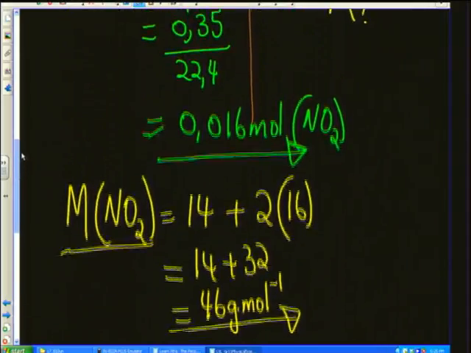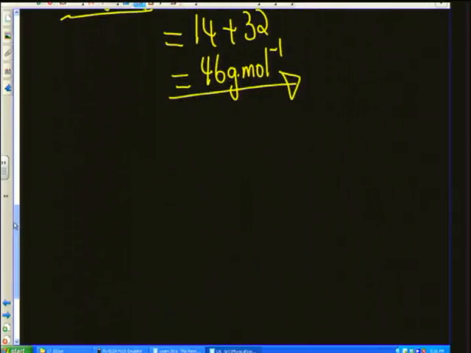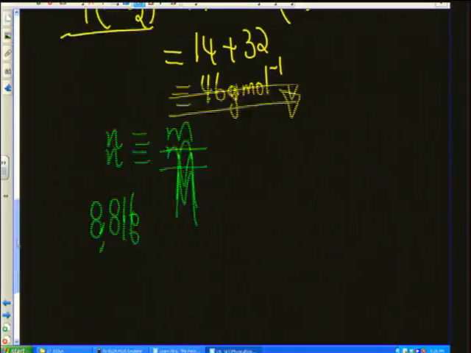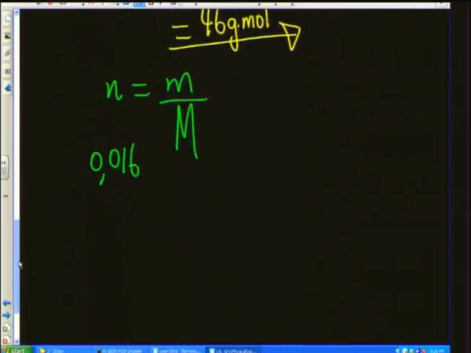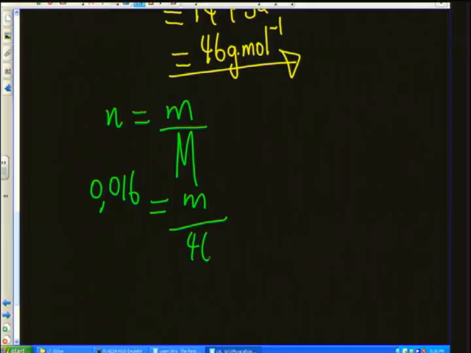With the molar mass of nitrogen dioxide, we can then find what the mass is, because we know the number of moles. Here is the number of moles, 0.016 moles, and we use, of course, that formula. Number of moles is mass over molar mass. So 0.016 equals mass, which is what we are looking for, over the molar mass of 46 grams per mole. Therefore, your mass is 0.016 times 46.